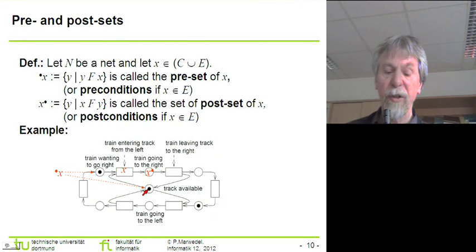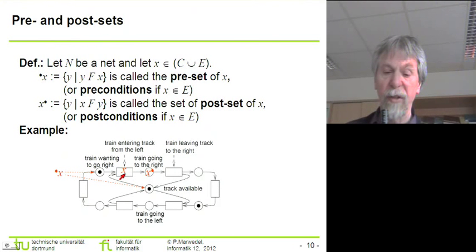Now, furthermore, in a similar way, we introduce the notation x dot. X dot means all those elements y for which x is in the flow relation to y, and this set is called the postset of x. Let's again look at our example.